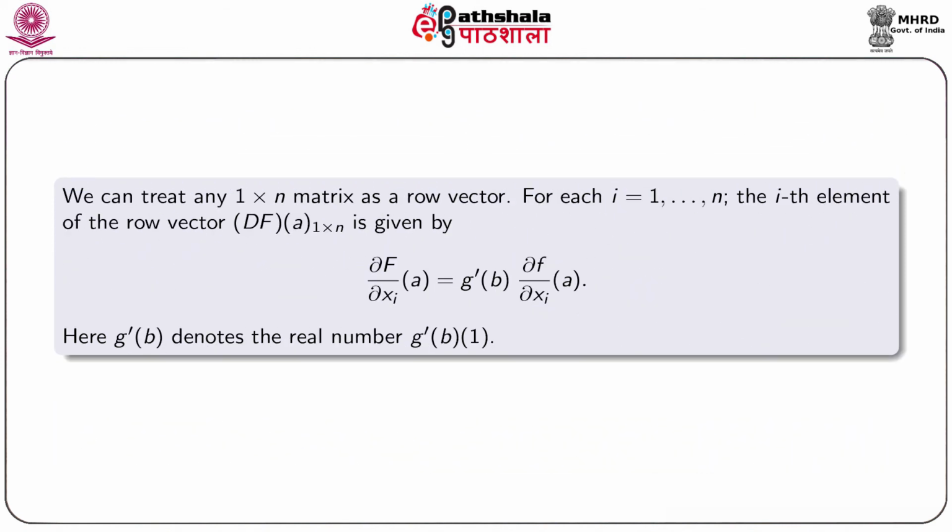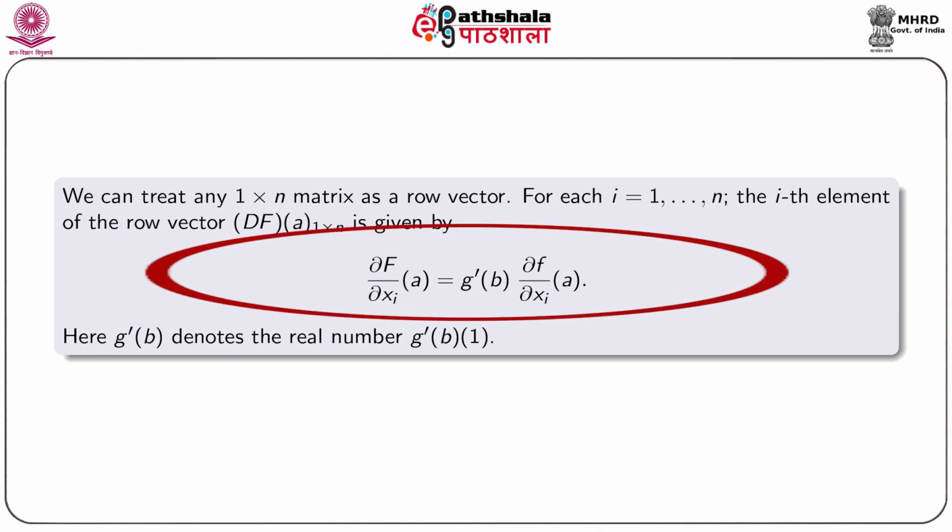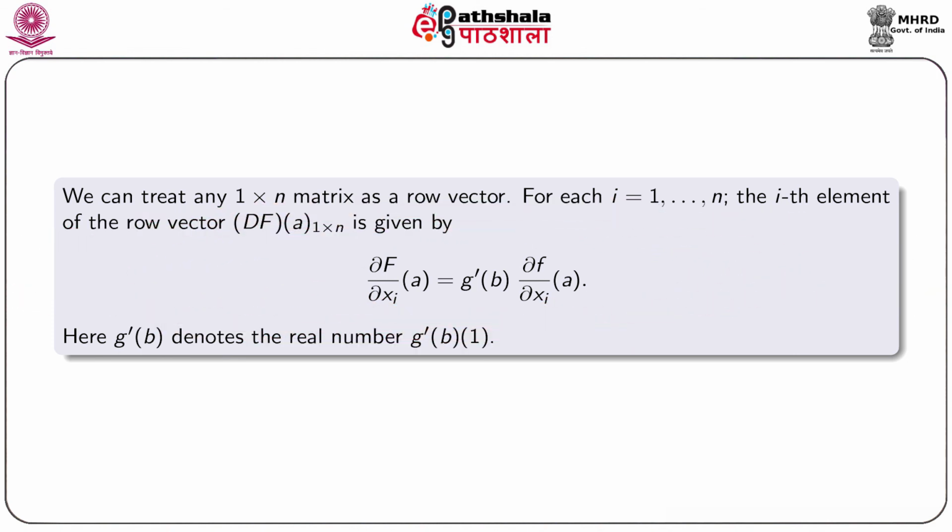Now, we can treat any 1 by n matrix as a row vector. For each i from 1 to n, the ith element of the row vector DF(a) is given by del F del xi at a equal to g'(b) del f del xi at a. Here we can consider g'(b) as a real number. If one wants to consider g'(b) as a linear transformation, he should write g'(b) operating on 1.